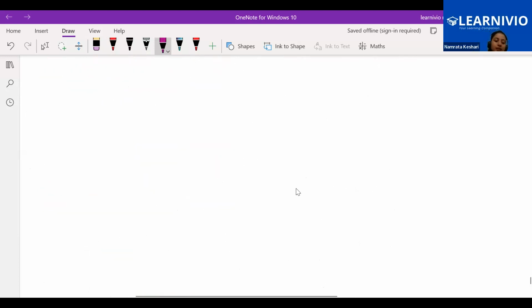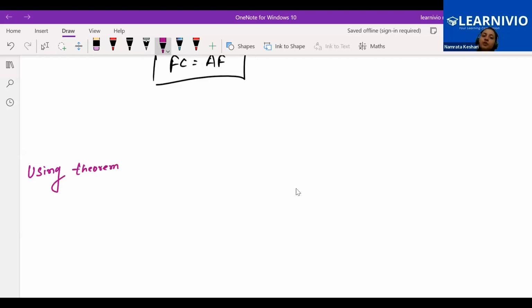Now the next one is using theorem 6.2, maybe the converse of basic proportionality. And if you are having any confusion or doubt about the previous question, please let me know.